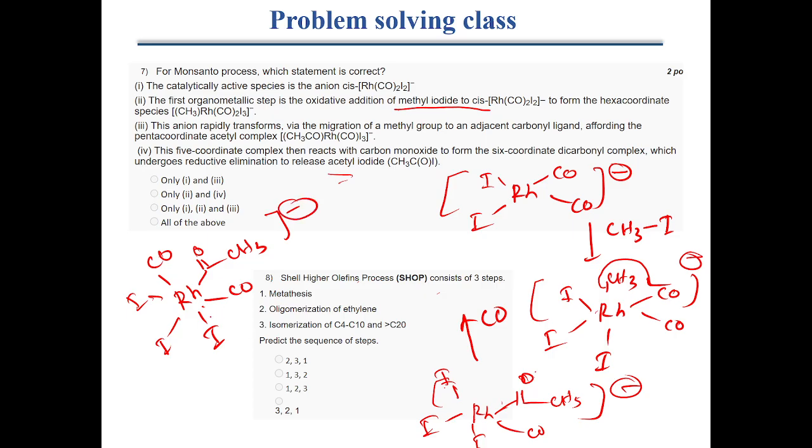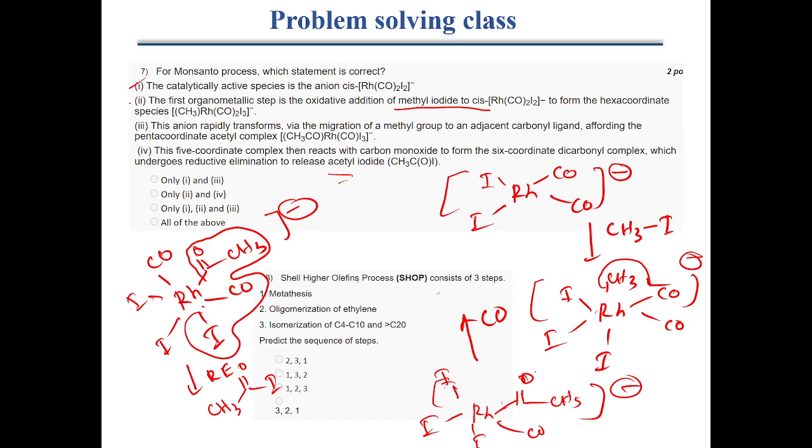Then reductive elimination of, sorry, acetyl iodide happens. So reductive elimination giving CH3COI. So all of the above is right.